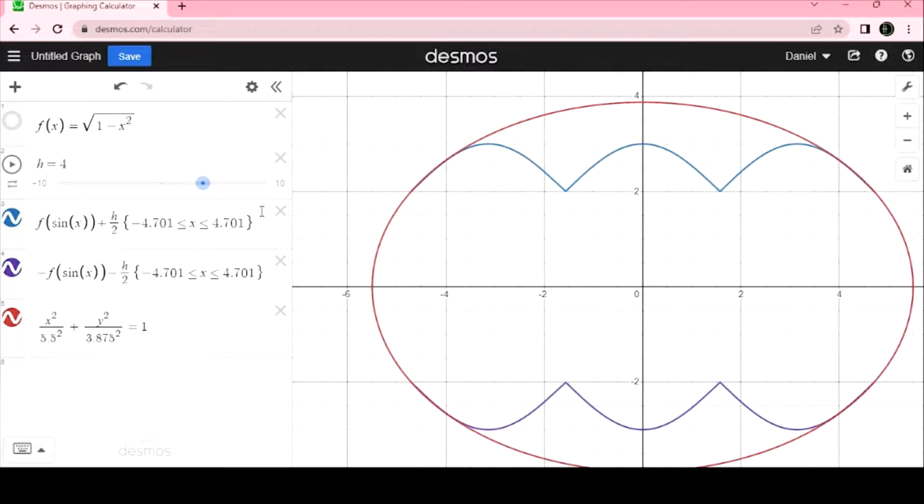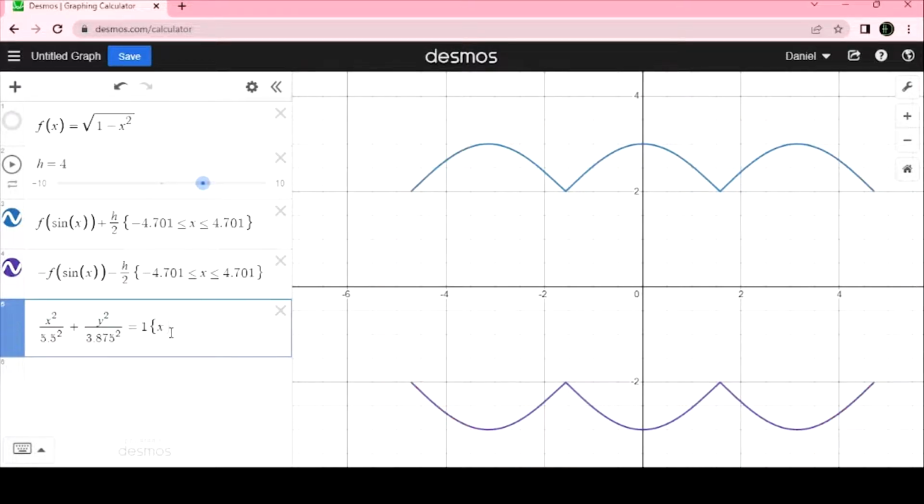It trimmed off the excess ends. And for this one, of course, we need to say x less than or equal to the minus of that, and also need this to be greater than or equal to that.